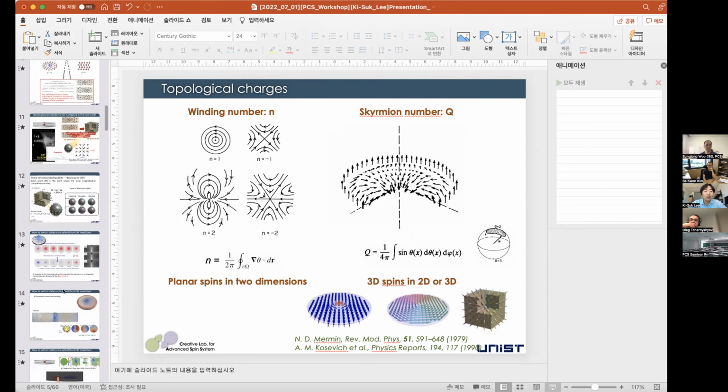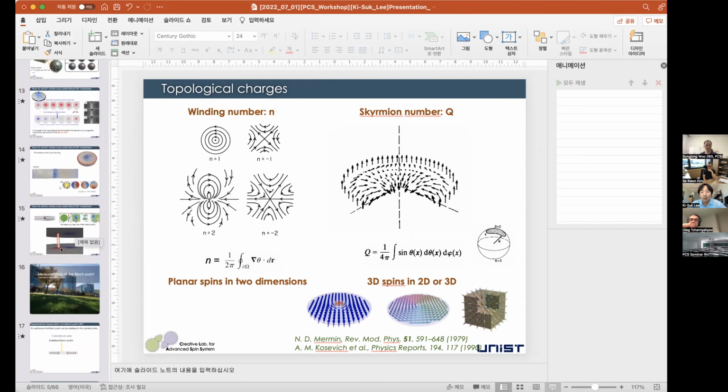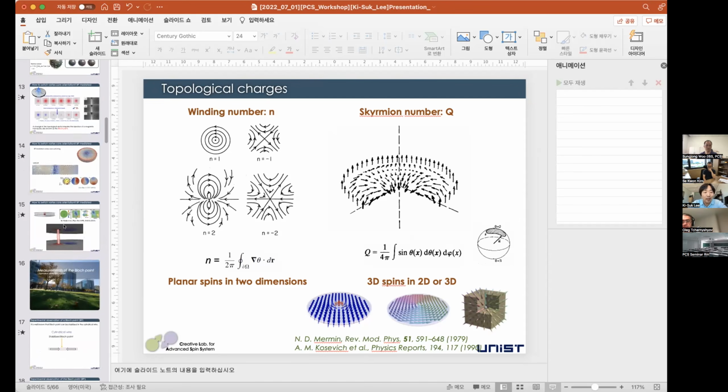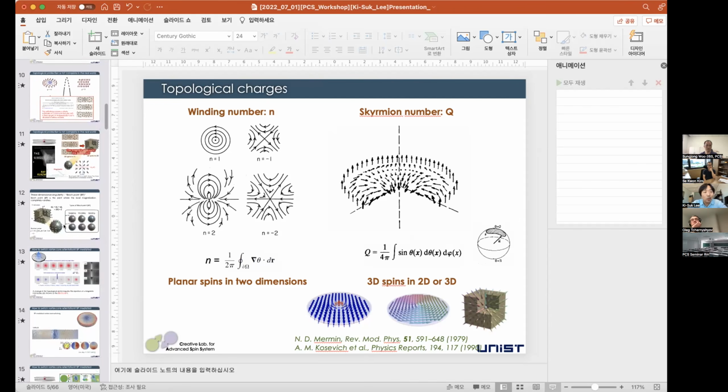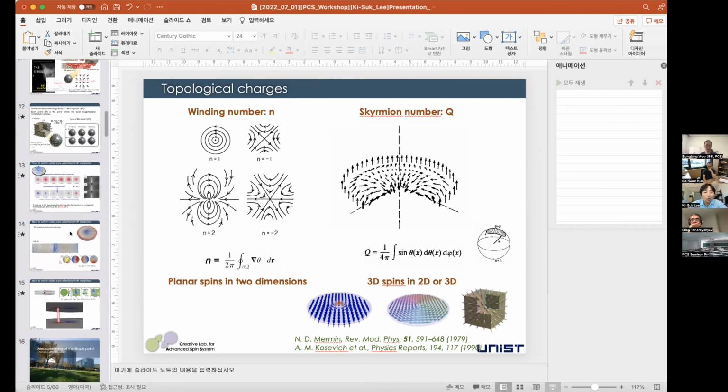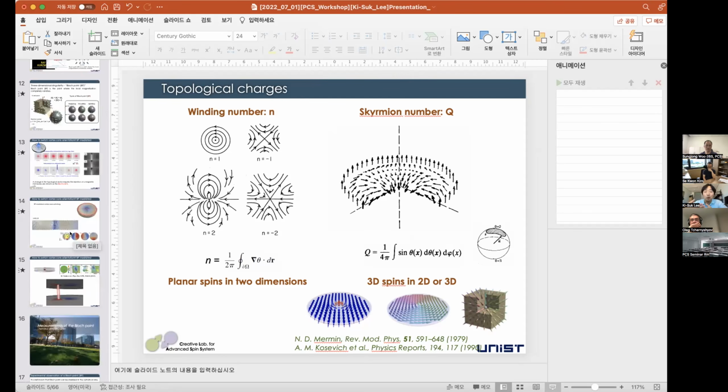Actually, we don't exactly know about the utilization of that. One use is the generation of terahertz electromagnetic waves, and the other, we think, is that we can generate a lot of Bloch points in the middle of a domain structure.